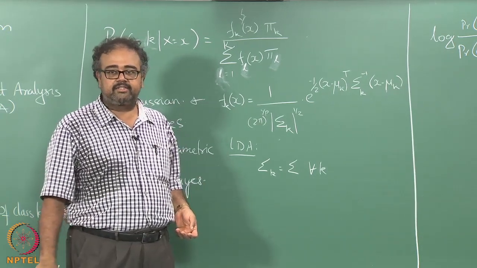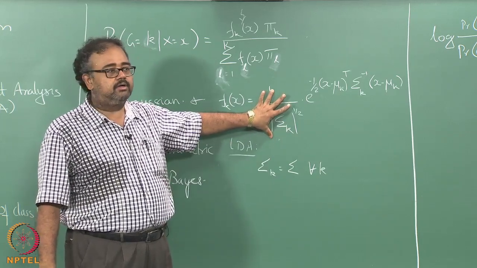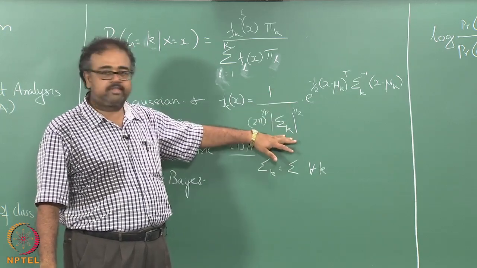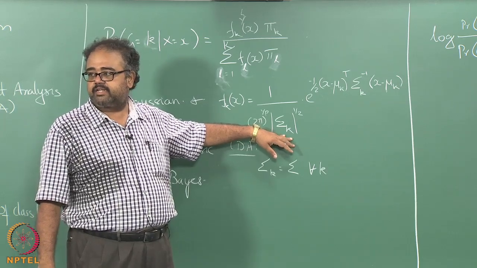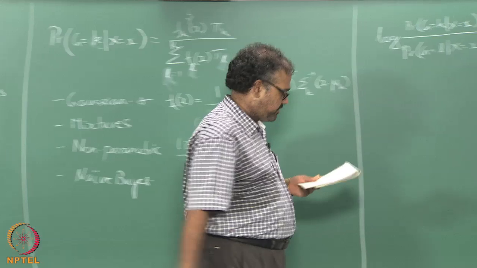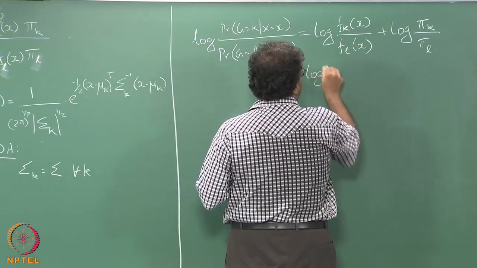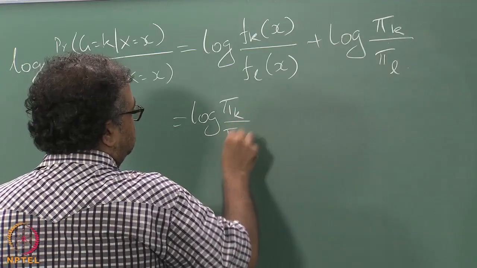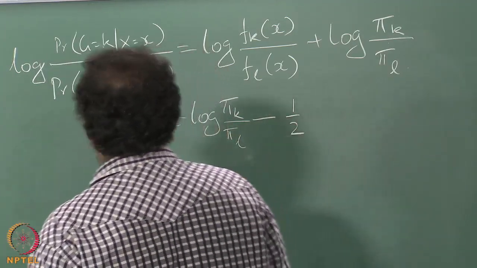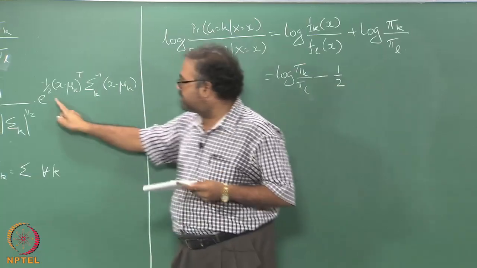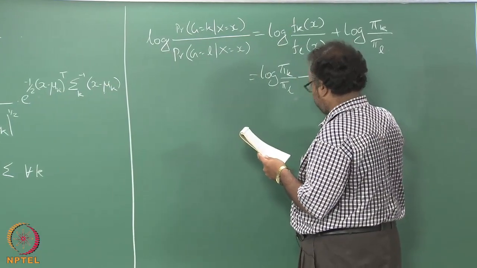So what other terms can cancel out? This has sigma k, it will become sigma, so when I take the ratio of the two things, this term can go. I do not have to worry about that. And with the log and the e, all of that will go away.